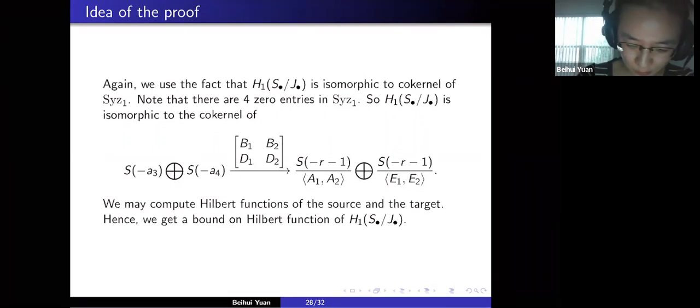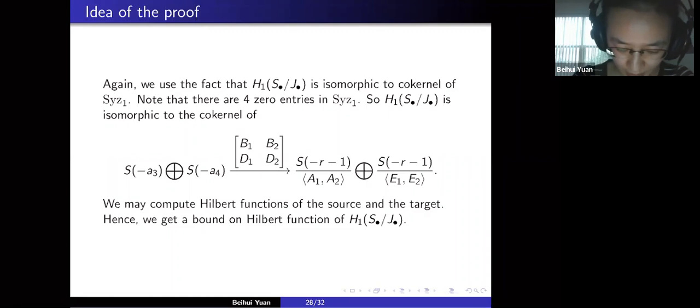So we have moved the 2 entries above these 2 zero entries. We have moved them here. And also on the other side, there are 2 zero entries here. So we move the 2 elements below that to here. So we have such a map, and this H1 is still isomorphic to the co-kernel of this map.